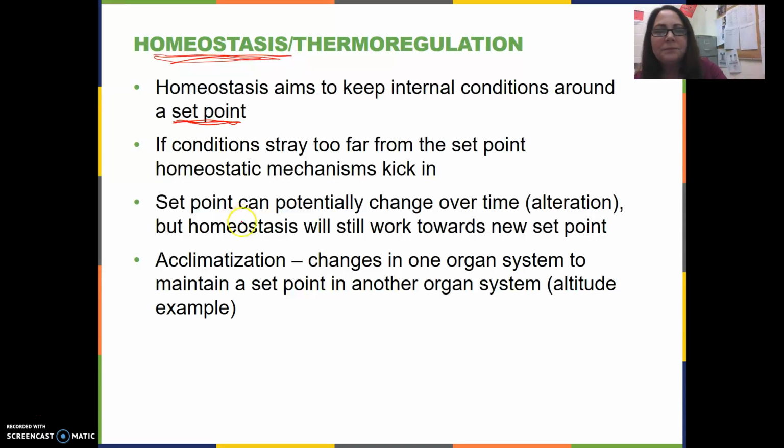So acclimatization, that's a hard word to say, is changes in one organ system to maintain a set point in another organ system.